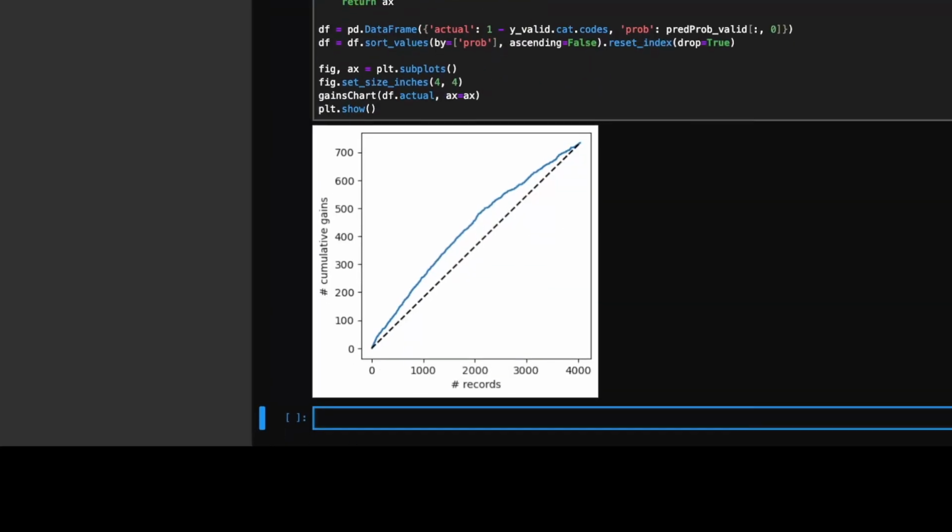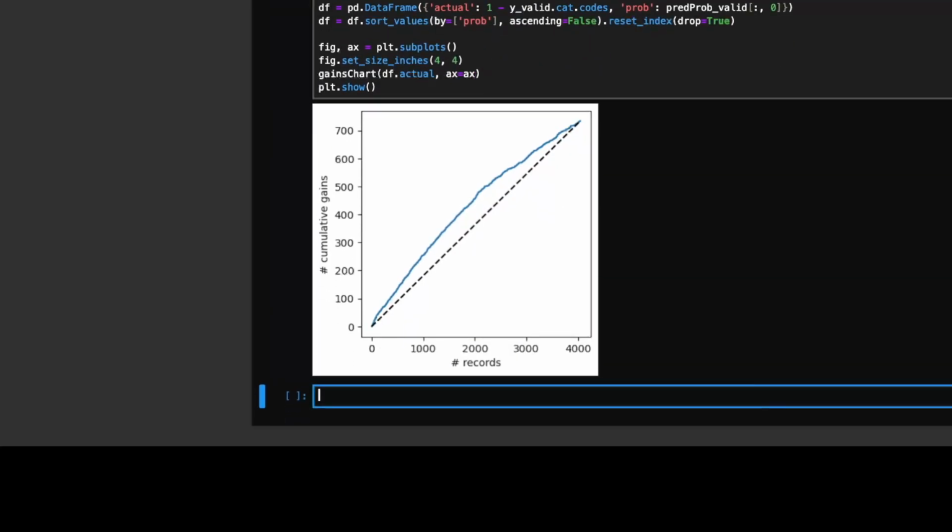Let's run this. Now we can see that the chart has two lines, a dashed diagonal line, which represents the random selection. So if we randomly selected flights, we'd capture delays at a constant rate, as this dashed line shows. And the curved line represents our model. We have the number of records, and what's the cumulative gain had we chosen random versus had we considered our model.